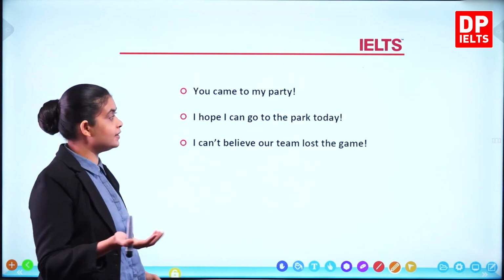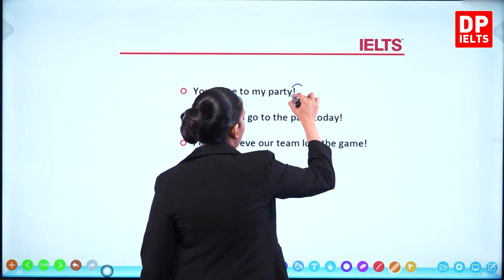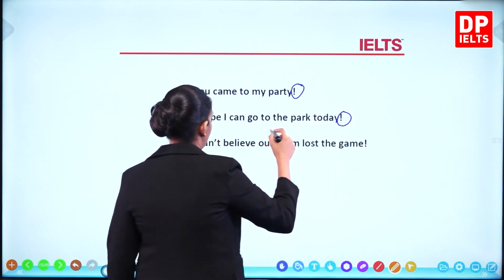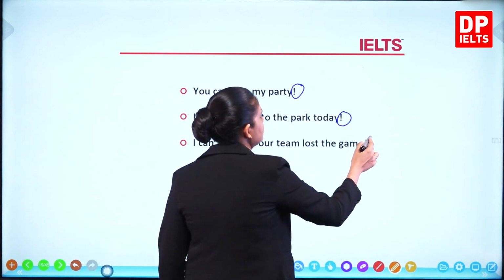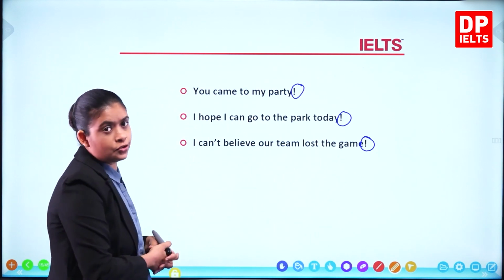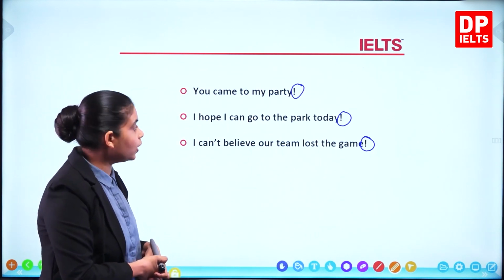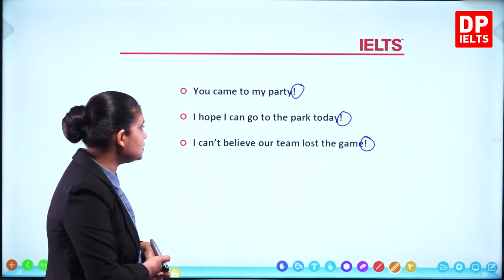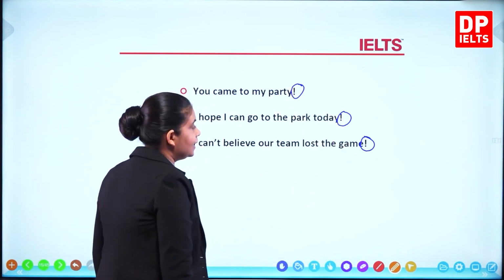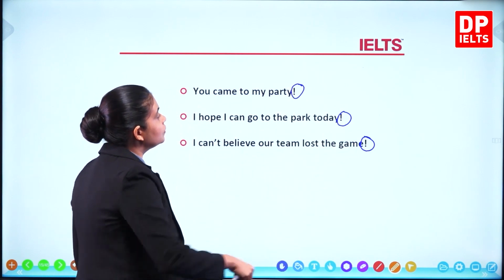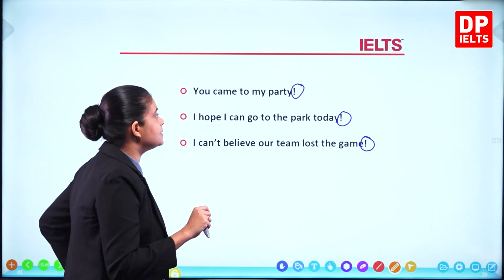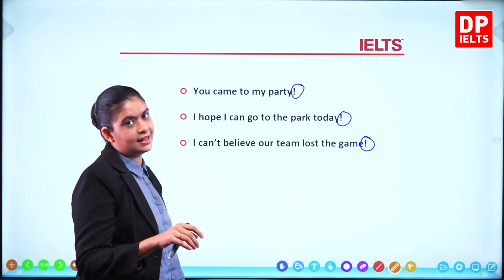You can come to my party. I hope I can go to the park today. I can't believe our team lost the game, right? All of these sentences are being expressed with emotion, and that is why you have an exclamatory sign at the end. And these type of sentences, we name them as exclamatory sentences.